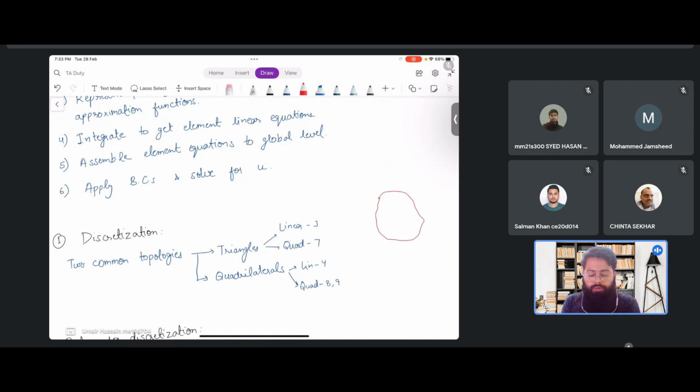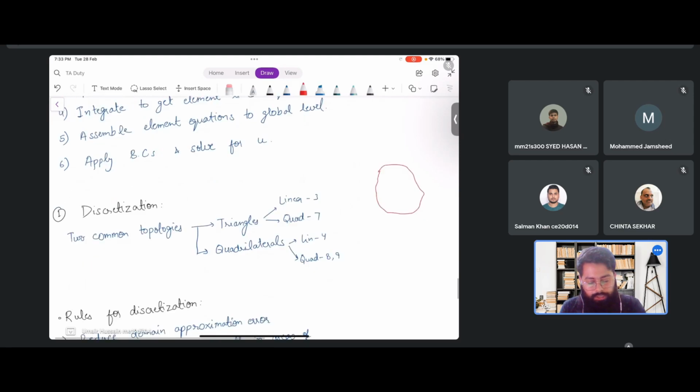So there are two common topologies. Firstly, we can break it into different triangles. So we can have like this.